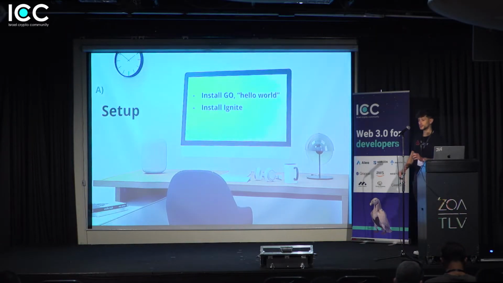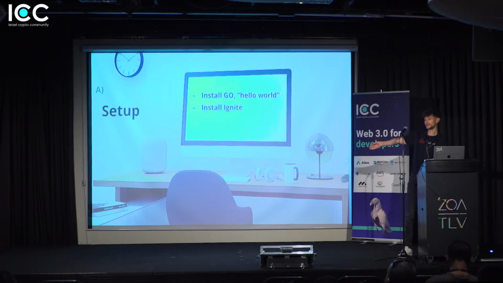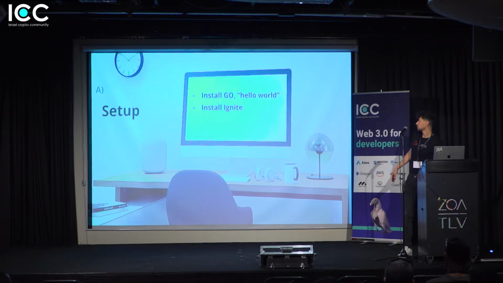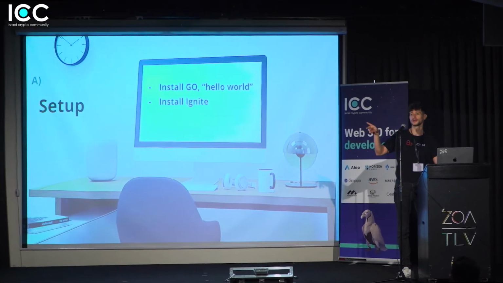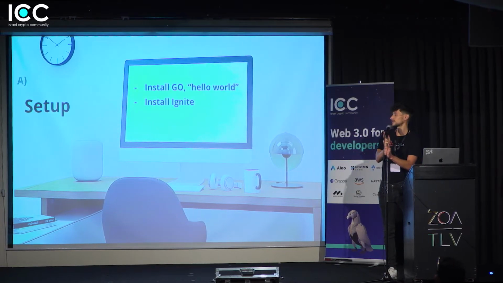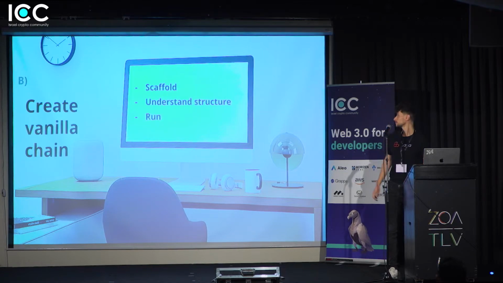Okay, so what we're going to see in the presentation here are four groups of steps. The first one is going to be a setup. Actually, that one I'm not going to go through with you. You're going to need to install Go. There's a snippet to do a hello world with Go, which is quite cool. You need to install Ignite. Ignite is our scaffolding tool.